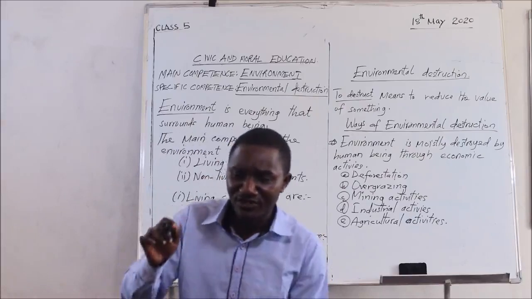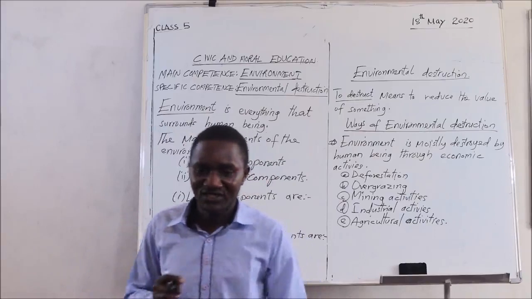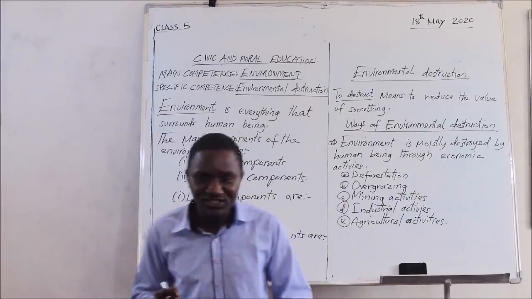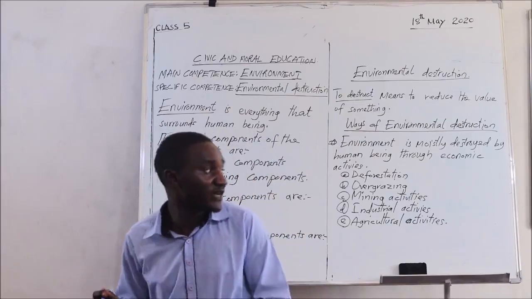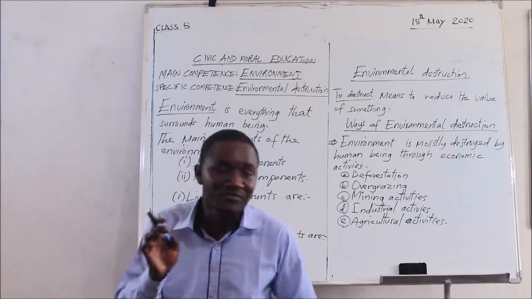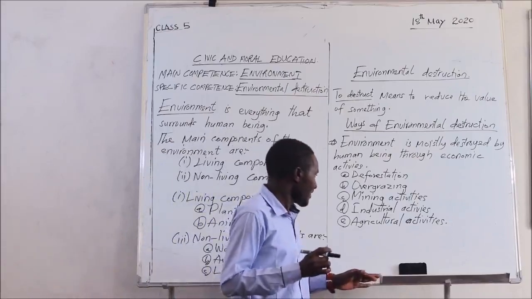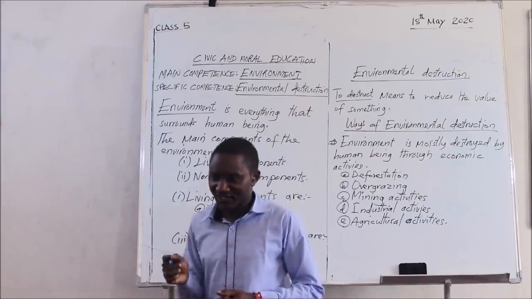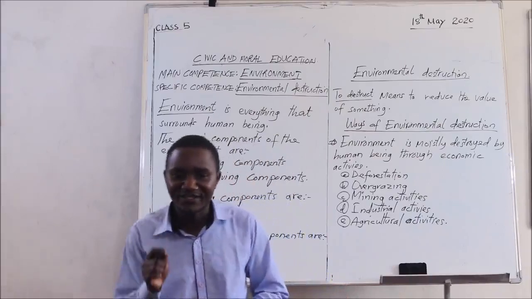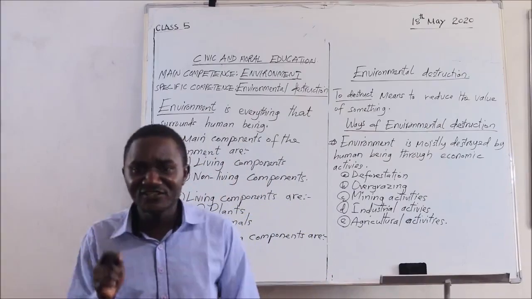A large number of animals in a small area can lead to soil erosion, which means that those animals can eat all the grass and make the land remain bare, which can cause soil erosion. What does it mean? Soil erosion means the removal of the top of land from one place to another through agents of erosion.